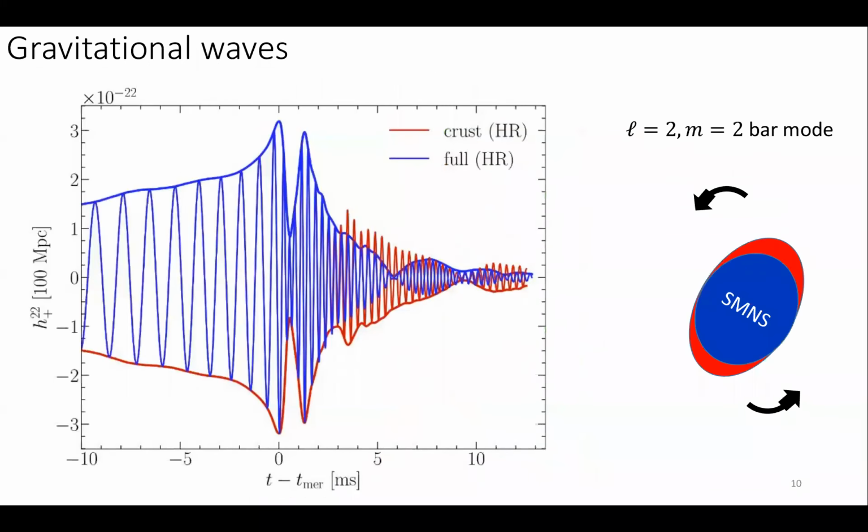Okay. We've also then looked at gravitational waves from these two objects. And we have found a difference there, which we also link to the increasing magnetic field strength in the full configuration versus the cross configuration. So here, I'm just showing the gravitational wave signal in the l = m = 2 mode. The main difference that we see between these two configurations is that the full configuration has a stronger decay in the gravitational wave signal than the cross configuration does.